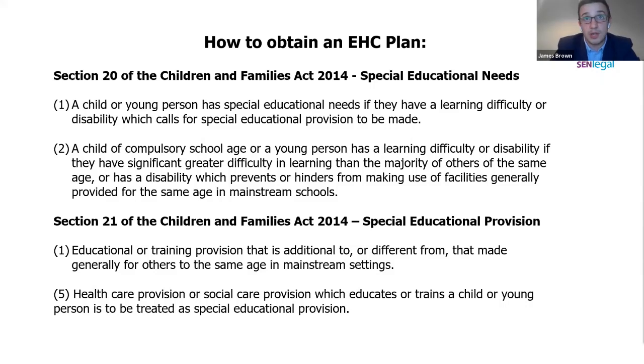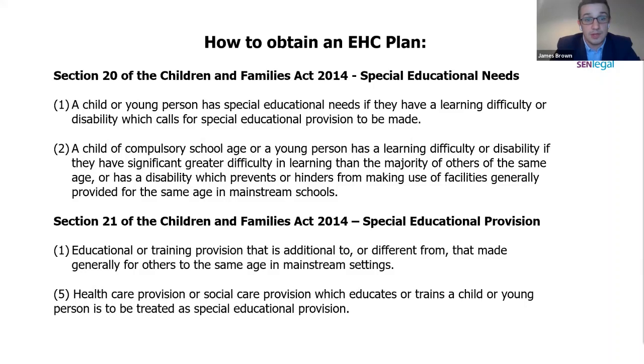Now, that is a very wide definition of special educational provision, and when you are considering what your child may or may not need in terms of provision, you need to really look at that definition and apply that, because local authorities may try and divert you and say, well, actually, that's healthcare, that's social services, for example, go take it up with them, not your educational team.